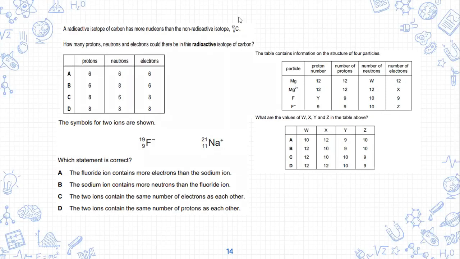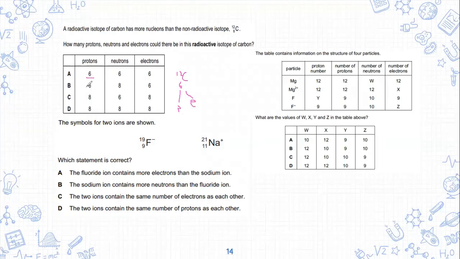So they are asking that the radioactive isotope of carbon has more nucleons. More nucleons means more neutrons, right? The protons and electrons always remain the same in the isotopes. So if it is C, 12, and 6 written here, 6 is the proton number, which means 6 protons and 6 electrons. We have 6 protons and 6 electrons, and this is always going to remain the same in the other isotopes as well.